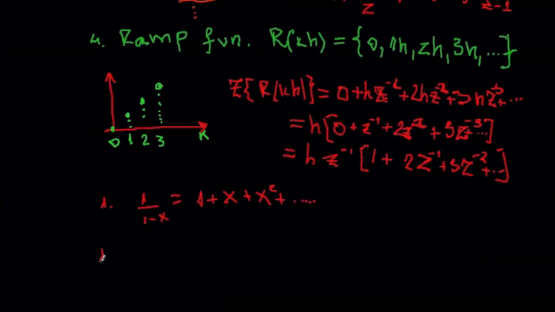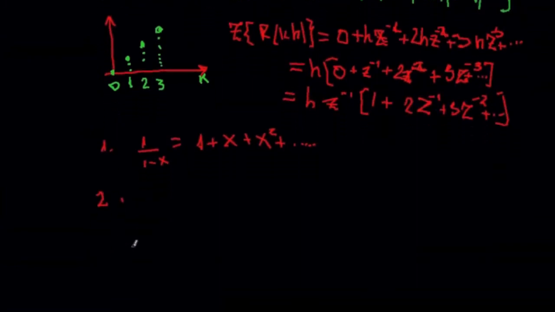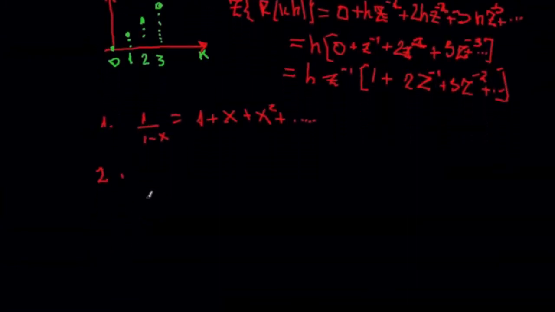Second, if we take the derivative of the upper expression with respect to dx, what do we have? This derivation is going to help us to construct the closed form expression of the z transform of the ramp function.